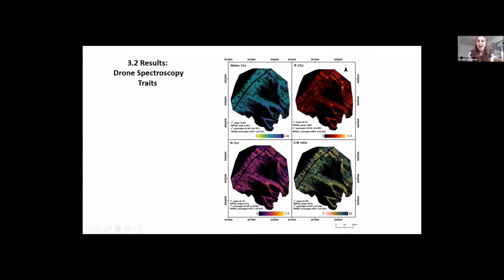So clearly this drainage channel is bringing all of these nutrients that are coming off the bird cliffs, flowing down this drainage channel and then being outputted at the bottom here and picked up by the vegetation. So we have some nice patterns from our drone information that seem to be matching up fairly well with what we were seeing at the site and what we would expect given the micro topography at the site.